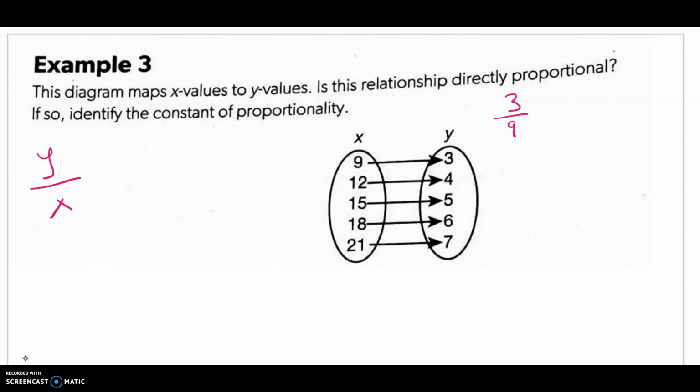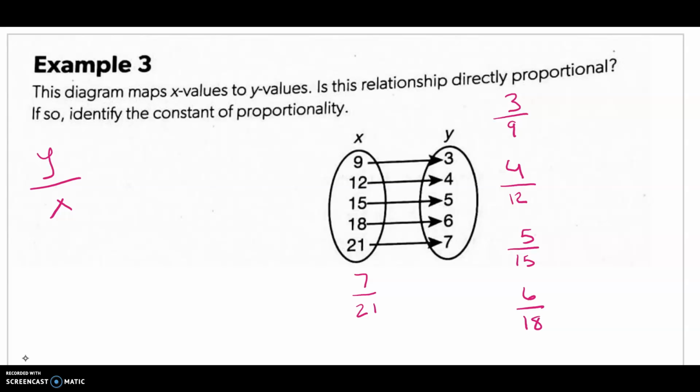Our second pair would be 4/12. Then we have 5/15. Then we have 6/18. And the last pair will be 7/21. All of these are in the form of y over x.